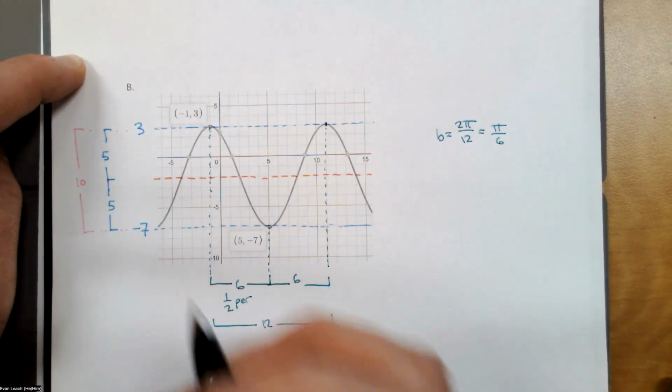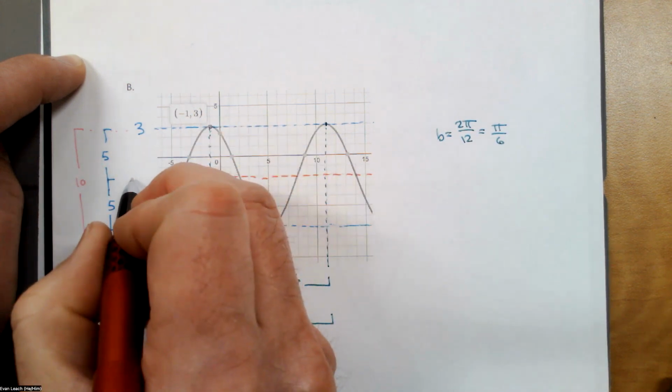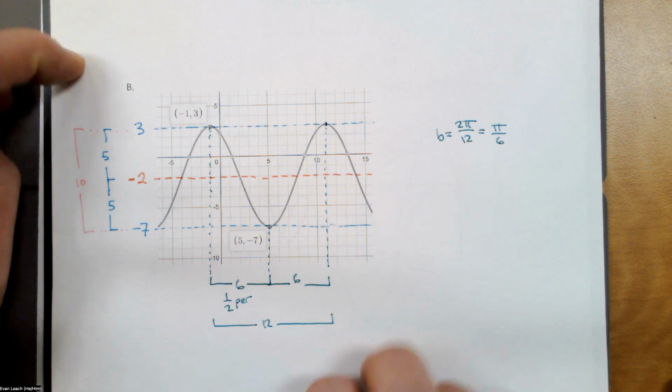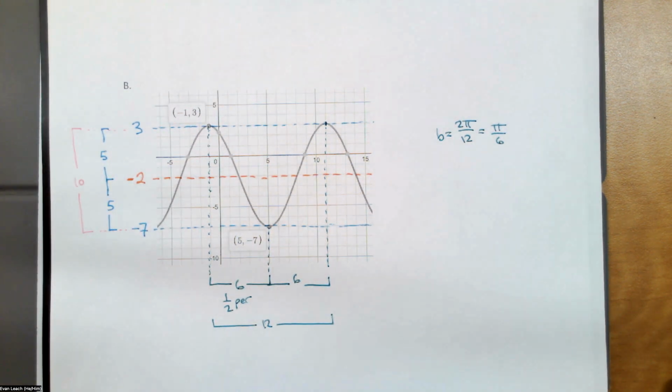And so that tells us the middle is at 3 minus 5, or -2, or -7 plus 5, which is -2. So there we had to do a little bit more work to find the middle because I didn't give you consecutive points. The vertical stuff is all y coordinate stuff. The horizontal stuff is all x coordinate stuff. The x coordinate is the horizontal coordinate, y coordinate is the vertical coordinate.